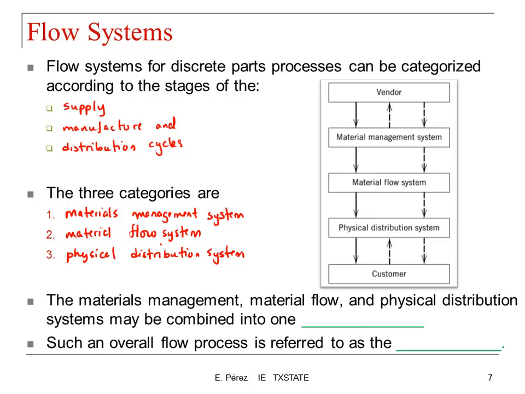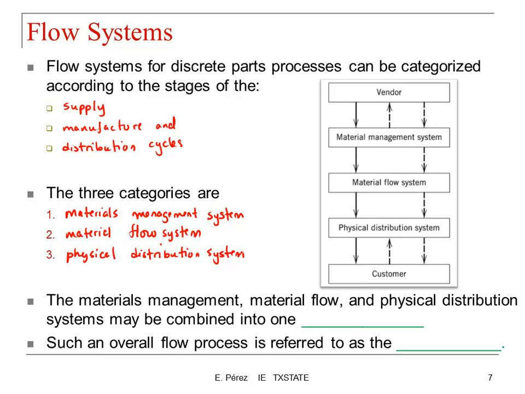Okay, and this diagram here is showing you how they are related. So the material management system will have some communication with the material flow system, and the material flow system will have some communication with the physical distribution system. The physical distribution system will have communication with the customer, and the customer is going to communicate back with the physical distribution system.